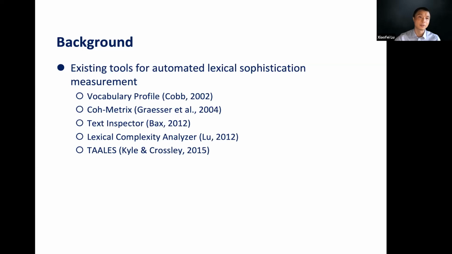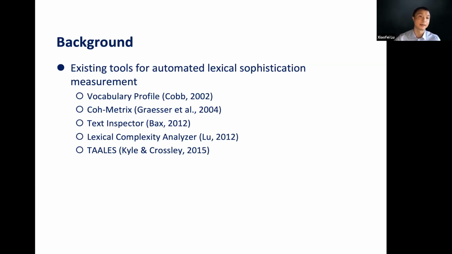Text Inspector is kind of similar to Vocabulary Profile, maybe I see this as an upgraded version of Vocabulary Profile. It includes all the functionalities of Vocab Profile, but also adds other functionalities, such as looking at usage of words of particular part of speech categories, for example.